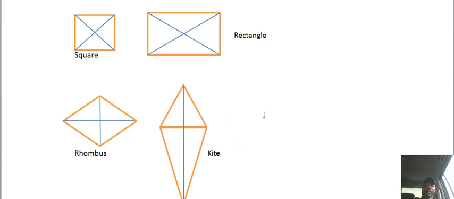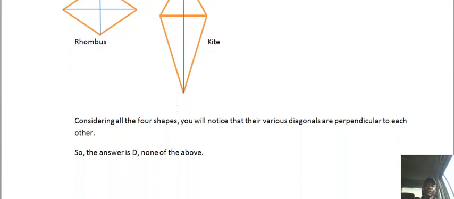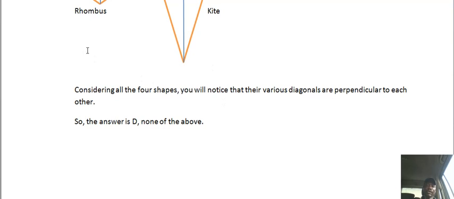All these shapes have their diagonals perpendicular to each other. So the option that is the correct answer is none of the above. So the answer to the question is D, none of the above.